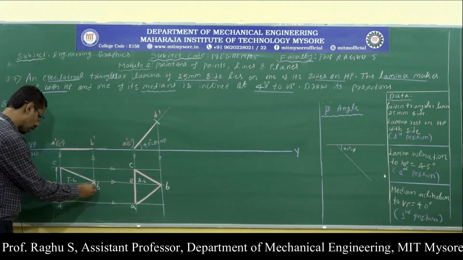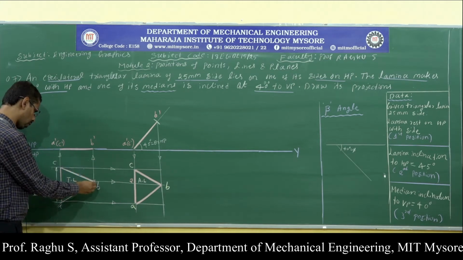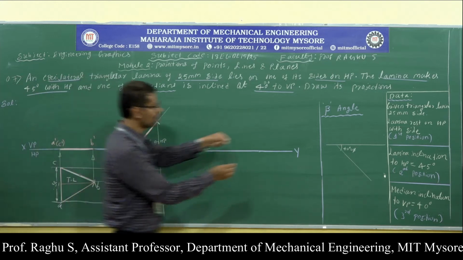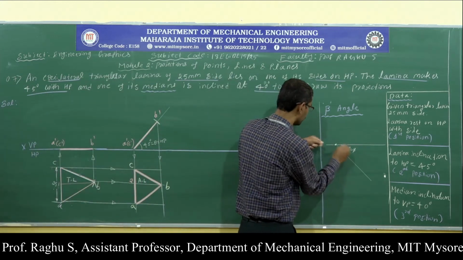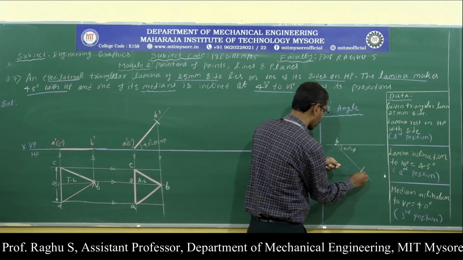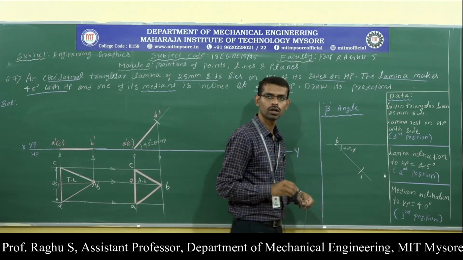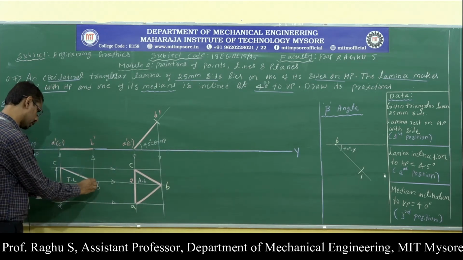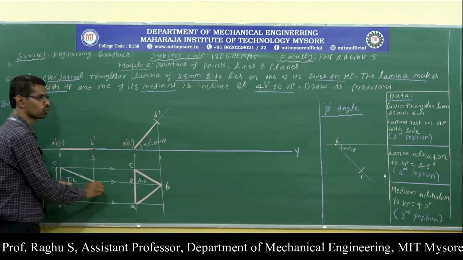measure the true length, that is B1 length, in the first position top view. From this point, cut an arc. This is point B and this is point 1. Measure this length B to 1 in the first position top view, that is the true length.